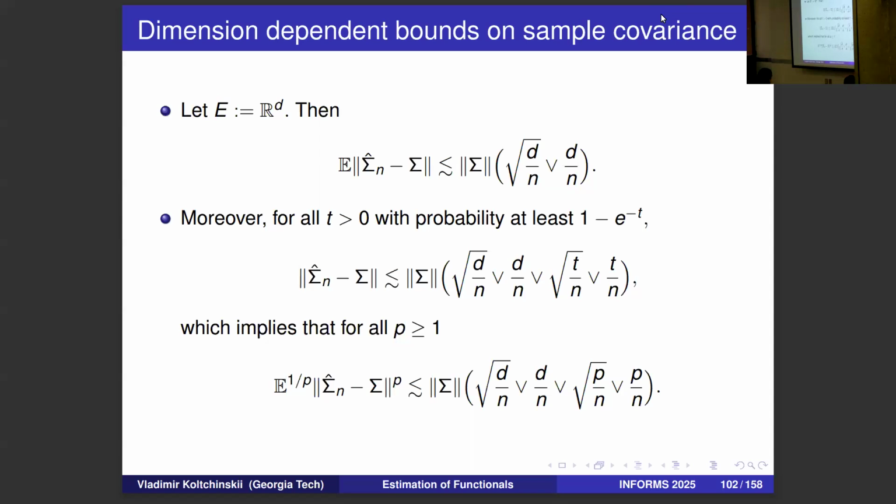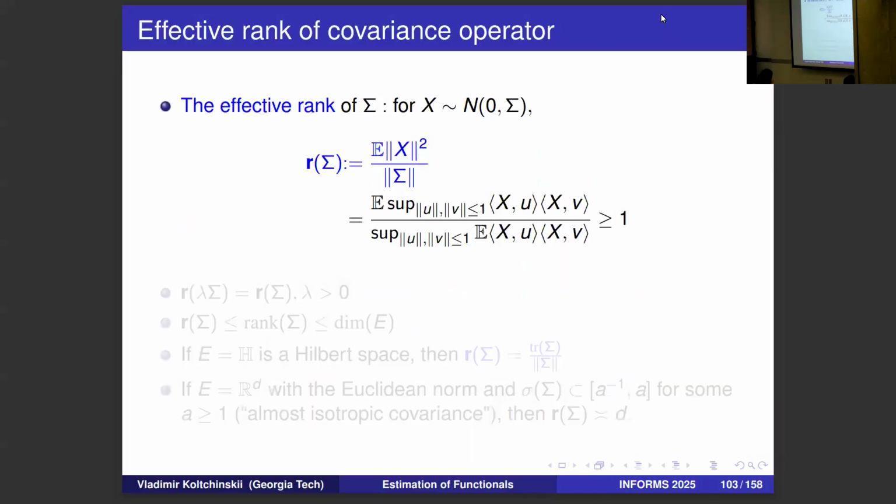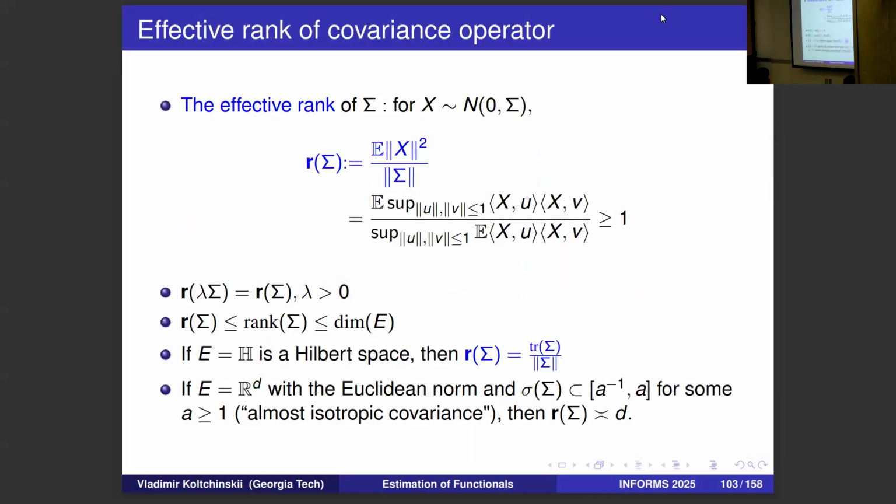So it turns out that something that I already mentioned before, the notion of effective rank of a covariance operator, we already mentioned it when we discussed the Gaussian shift model in Banach spaces. We used it essentially.